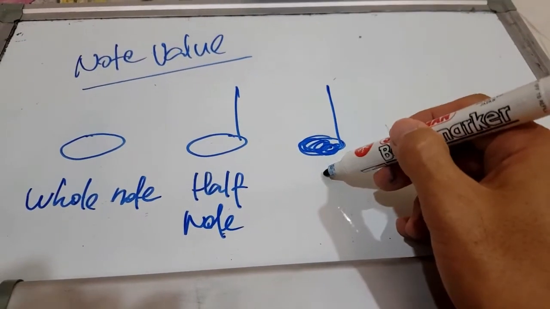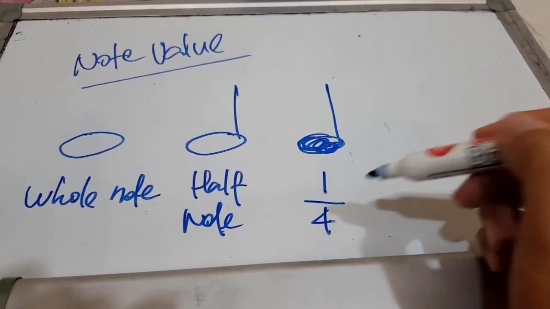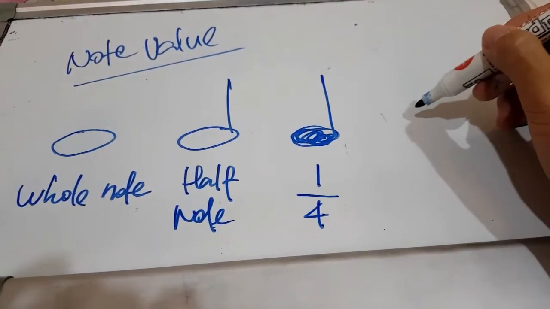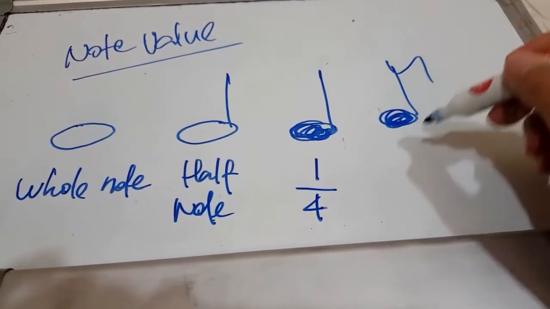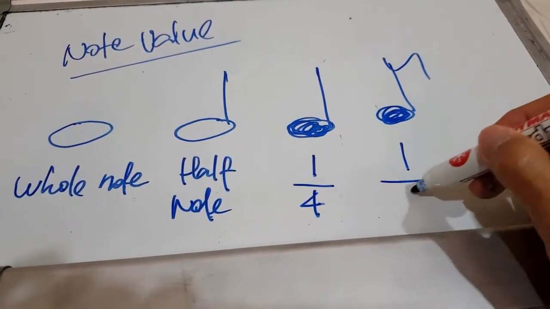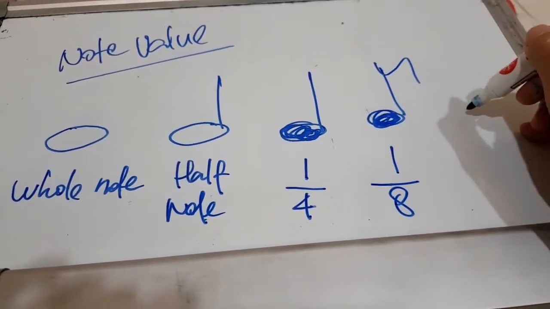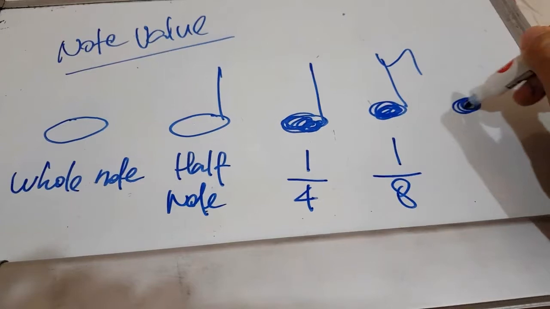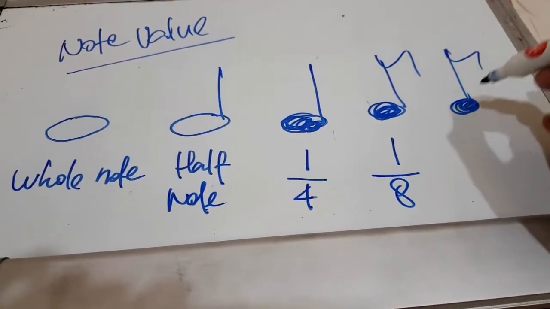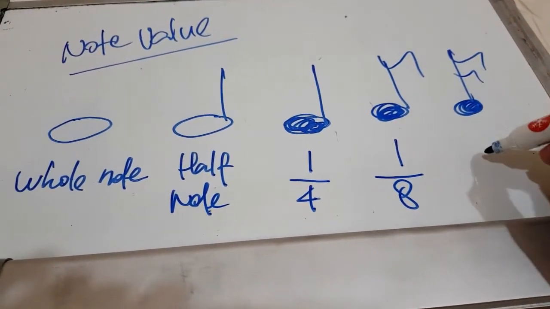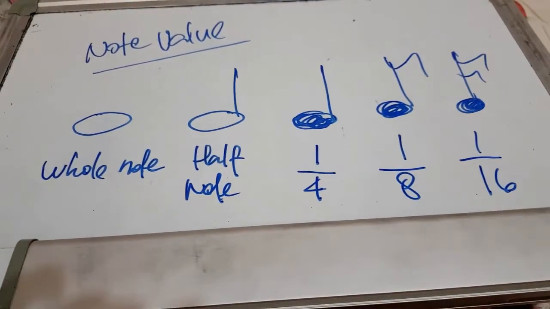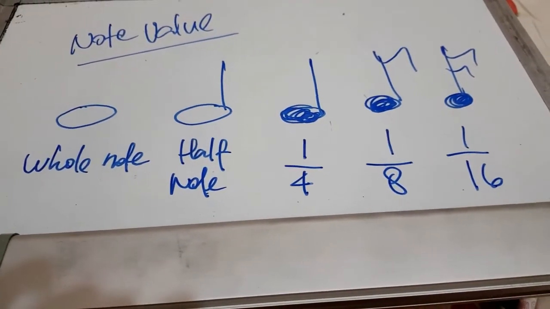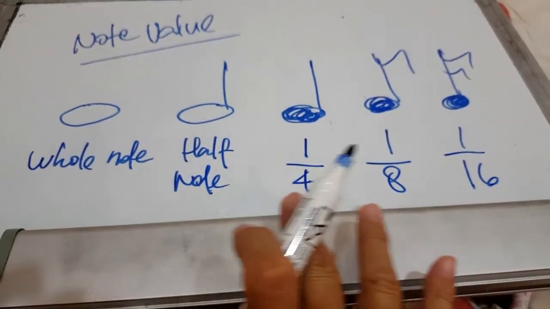A quarter note. Eighth note. With 2 flags, it means 16th notes, and so on. Okay, let's talk about only this.